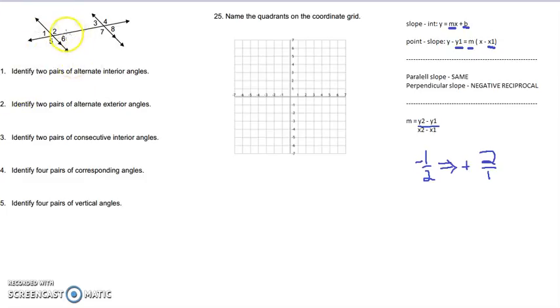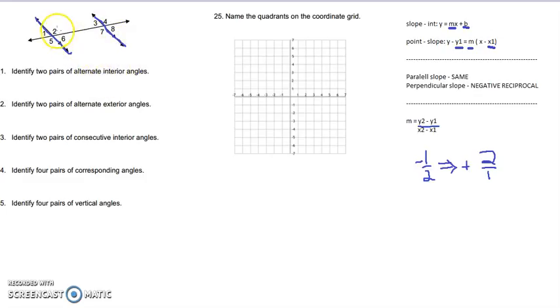Let's look over here at the angle transversals. So this is on the board as well. So I'm just going to run through an example of this real quick. Two pairs of alternate interior angles. Interior, so here are the walls. These two parallel lines are the walls.